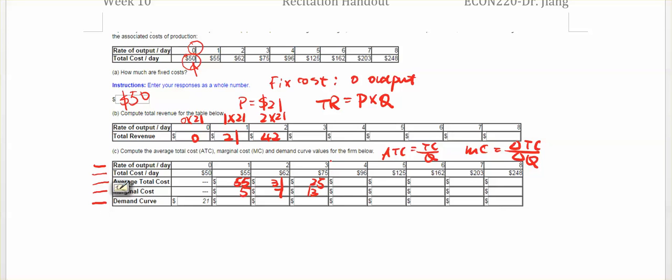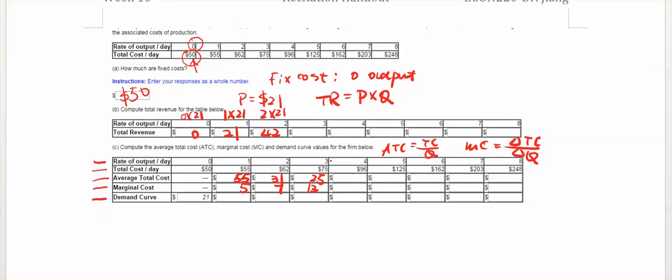Now we want to focus on how we can find the points on the demand curve. The demand is equal to the price of the product when the market is perfectly competitive. So in this case, the demand curve is horizontal at 21.